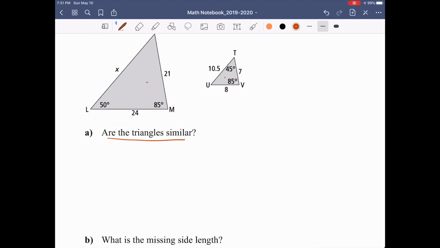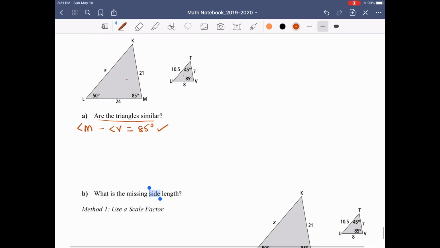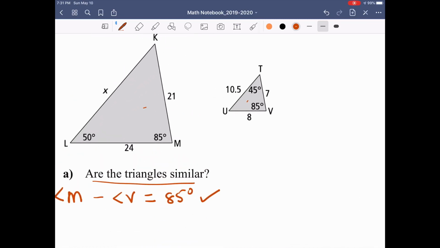Okay, so let's check their angles. We know that angle M corresponds to angle V, and they are both 85 degrees, so that works. Since in a triangle all the angles add up to 180, to find our missing angles, we can do 180 minus the two angles that we have.